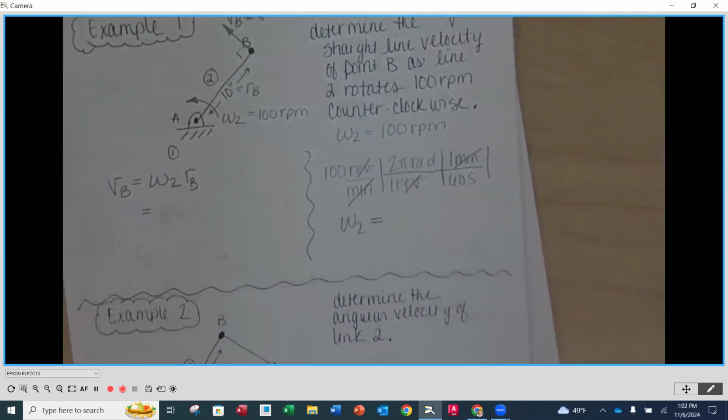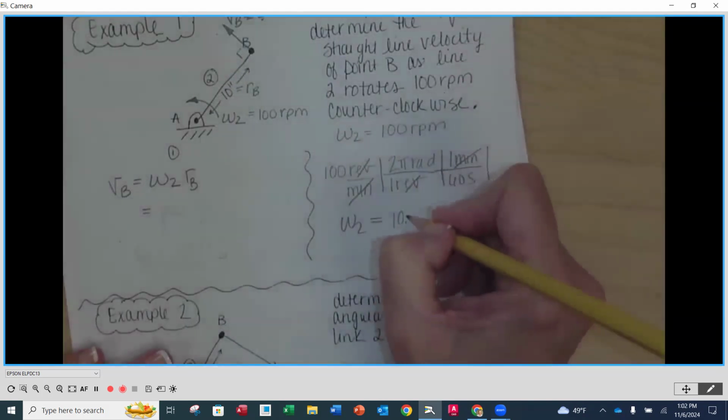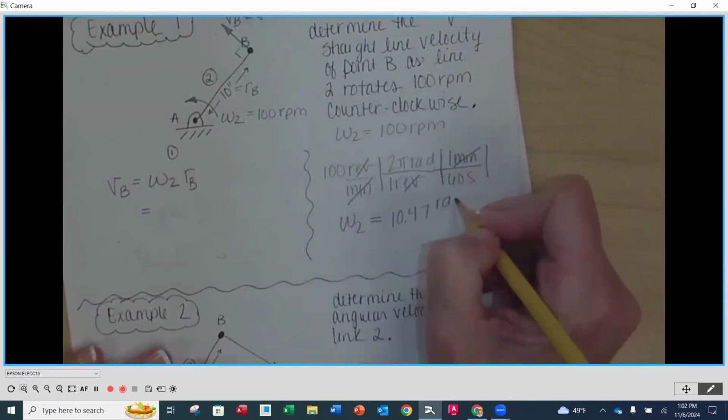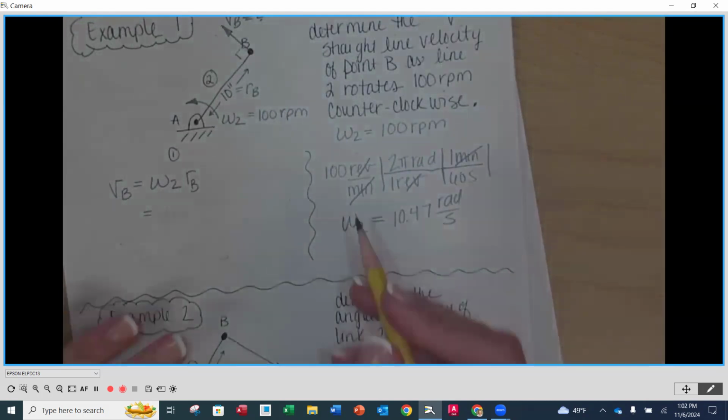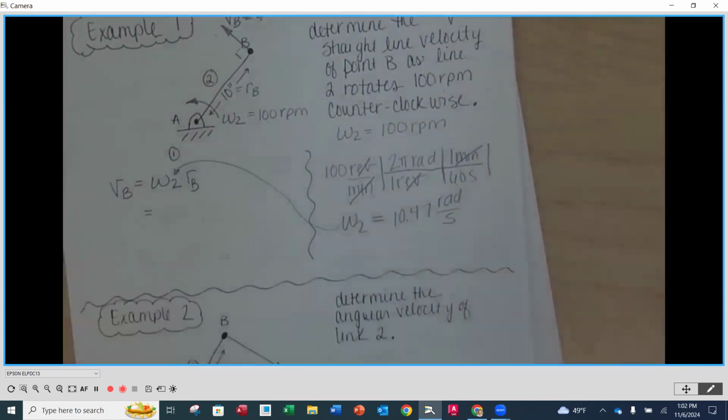What do we get for omega 2? 10.47. And that would be radians per second. Did anybody else? Oh, Tyler got the very same thing. Cool. Anybody else? Everybody else got it? Cool. Yep, just confirm. So now this is the omega 2 that we're going to put into here.